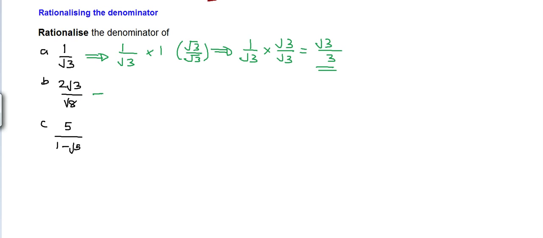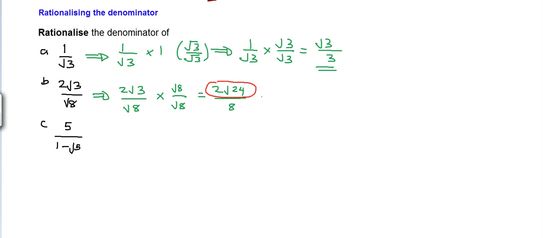Next example, we have 2 root 3 over root 8. To rationalize the denominator, we need to multiply by root 8 over root 8. If we multiply these two together, we have 2 root 3 times root 8, we have 2 root 24 over 8. Well, we need to simplify this expression further.